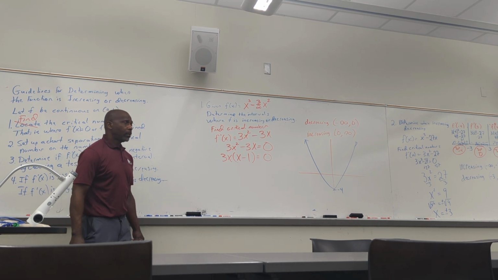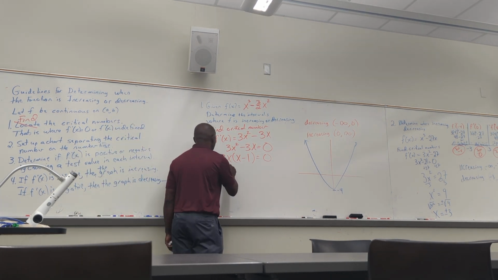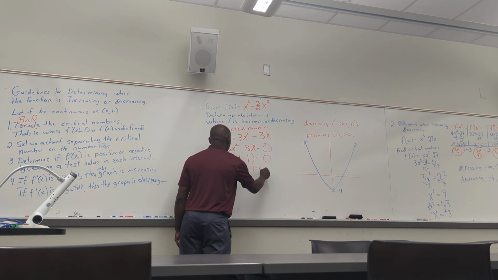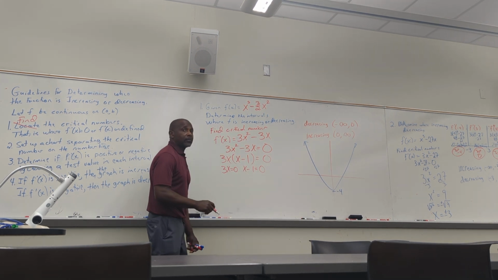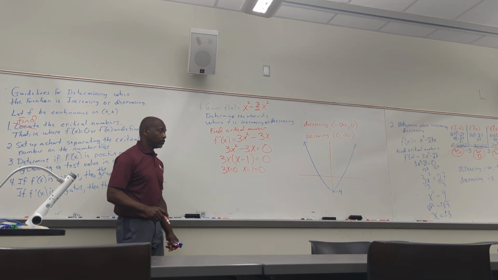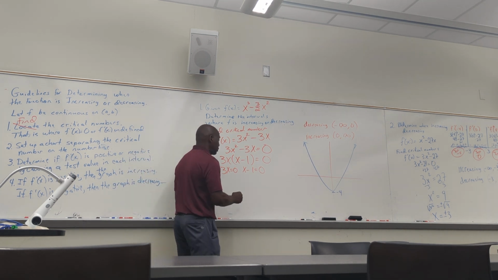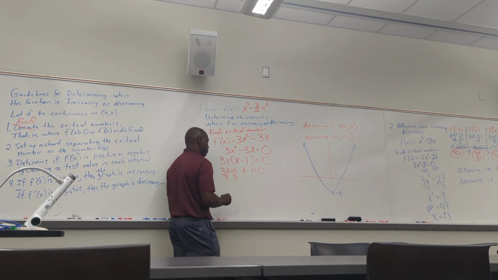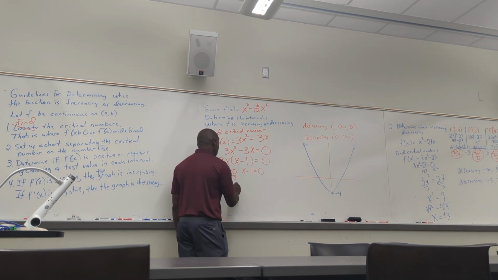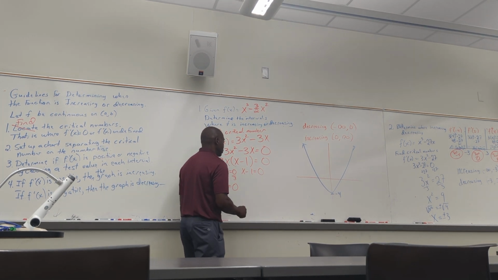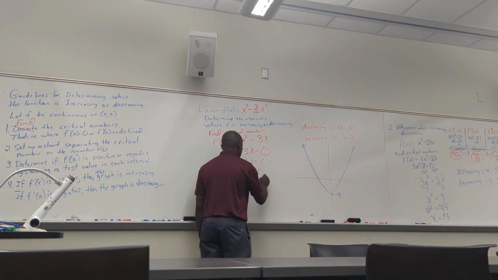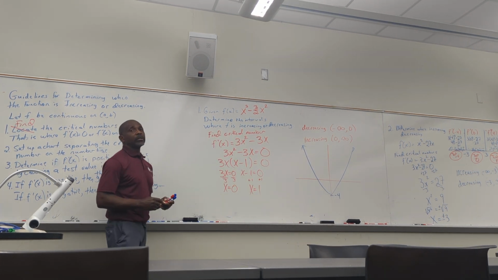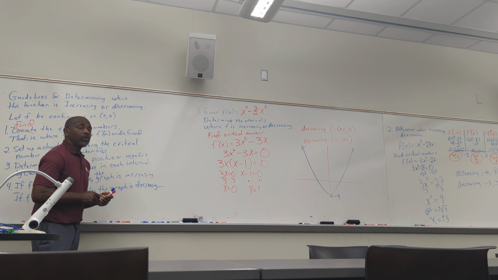You would set 3x equals 0, and then x minus 1 equals 0, and then solve for x. Okay, solve x for me. Divide 3 from each side. So x would be 0, and then x would be 1 on the other side. So that means we got 2 critical numbers, 0 and what? 1.